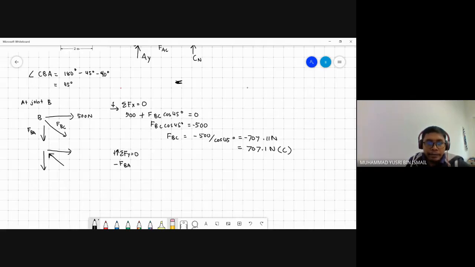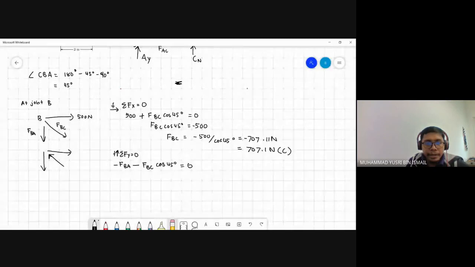Now I have negative FBA. Then I will take this part, FBC cos 45 degrees, equal to 0.